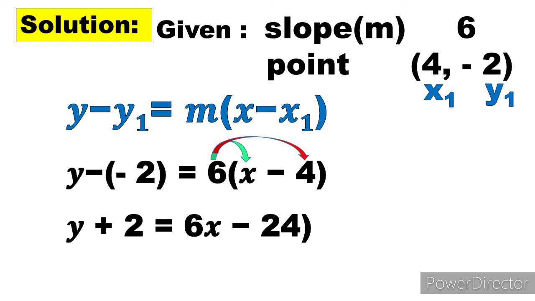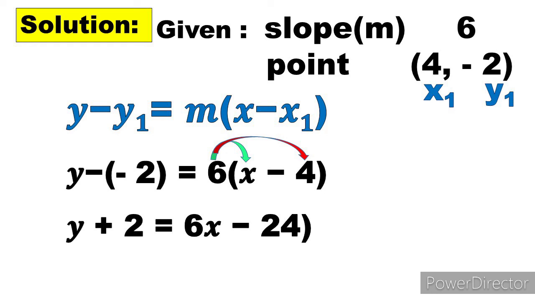Okay, i-rewrite natin ang y minus y sub 1 is negative 2. So, we write negative 2 equals m is 6 and then times the quantity of x minus x sub 1 is 4. And now we have the equation y minus negative 2 equals 6 times the quantity of x minus 4.